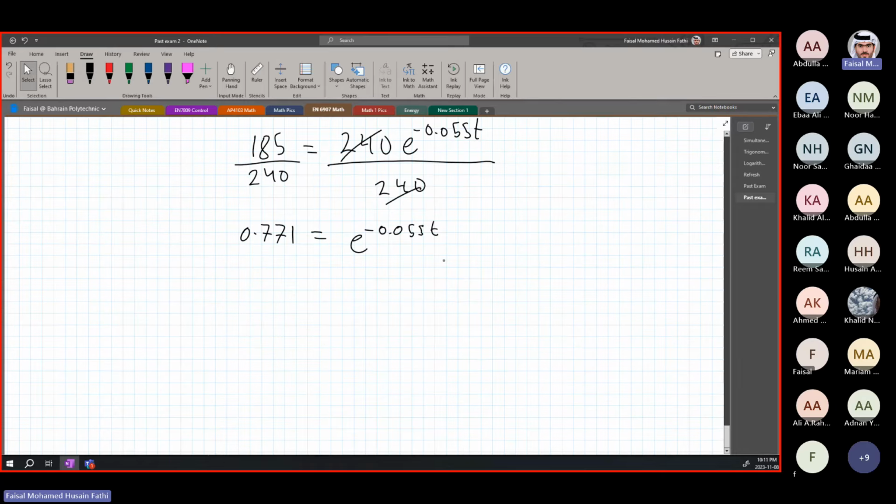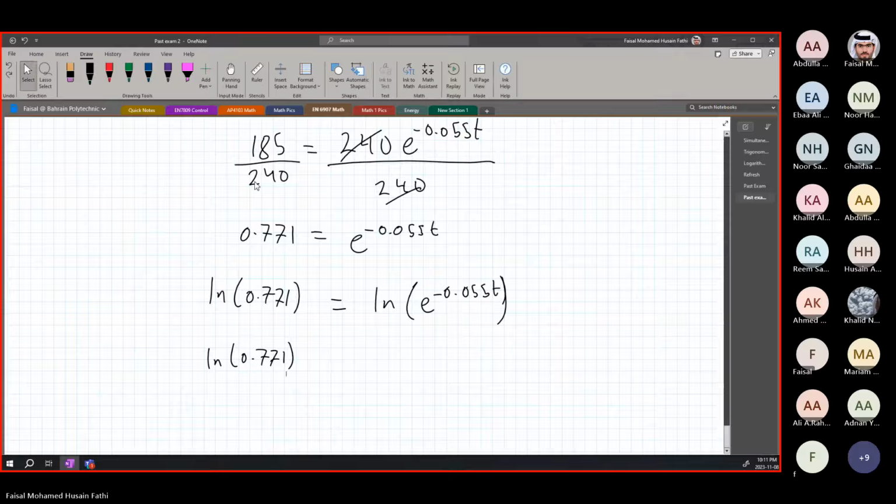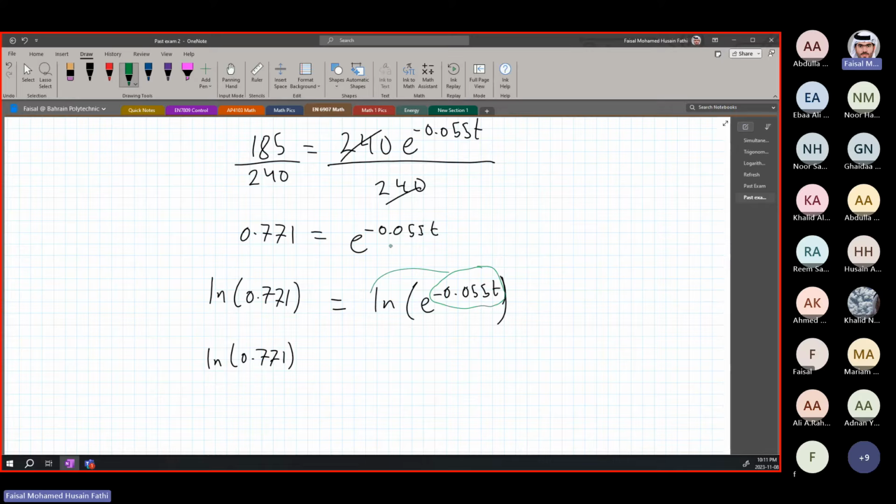Now we'll take the ln of both sides: the ln of 0.771 is equal to the ln of e to the power of minus 0.055 t. We can simply take the exponent outside, so it's equal to minus 0.055 t times ln e.